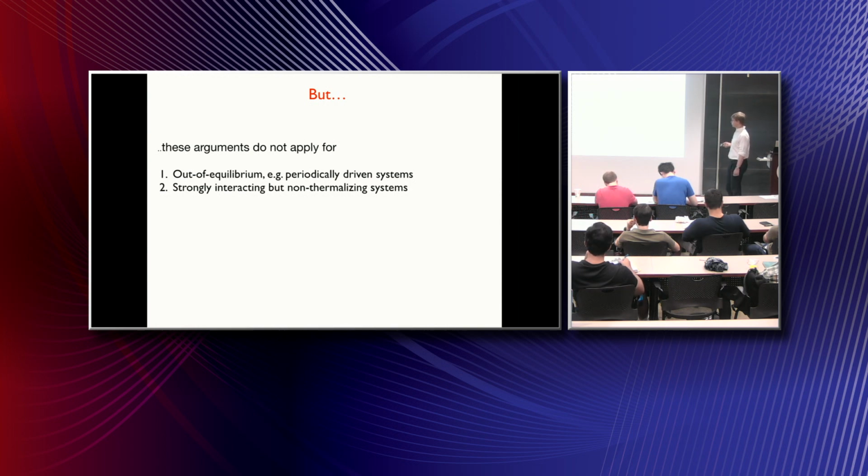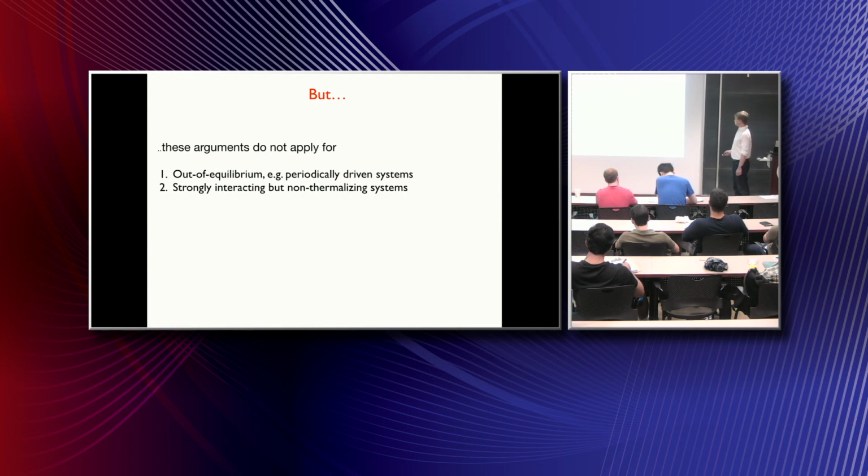Such a system will not be subject to these theorems which have been proved. And of course, what you also need, to make this time crystalline response rigid and robust, is strong interactions. So if you have a system which is strongly interacting but does not undergo thermalization, then these arguments also don't apply.